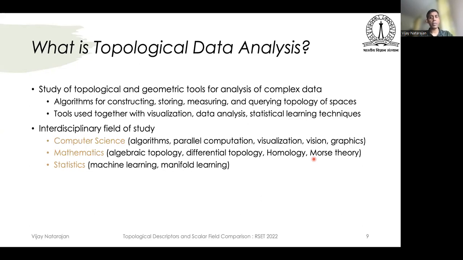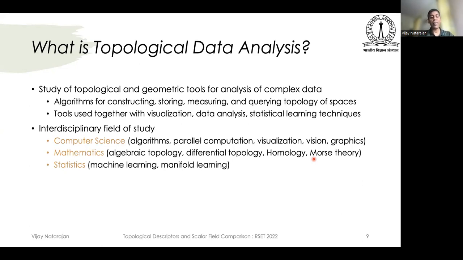TDA is a highly interdisciplinary field. It uses ideas from computer science, the design of fast, efficient algorithms, parallel algorithms, approximation algorithms, ideas from computer vision, graphics, and visualization, and of course, the core ideas from mathematics on algebraic topology and homology, Morse theory, and so on.